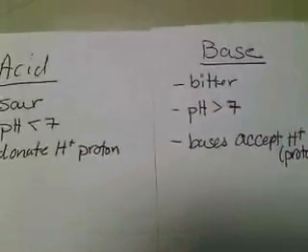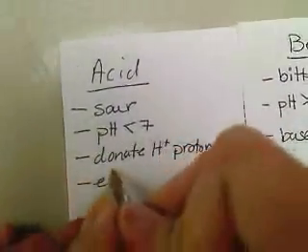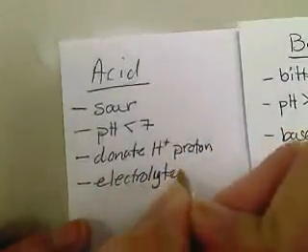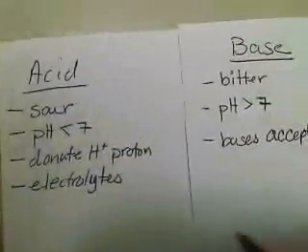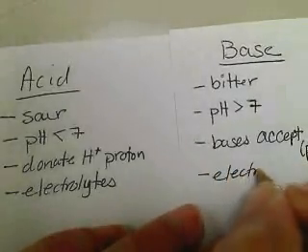All right. The next thing we need to talk about is that acids are electrolytes. If you're not sure what this is, we'll probably discuss this a little bit later as we get into it, okay? Most of your bases are also electrolytes.